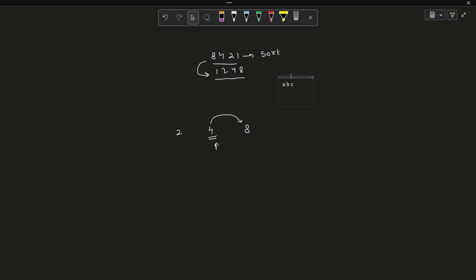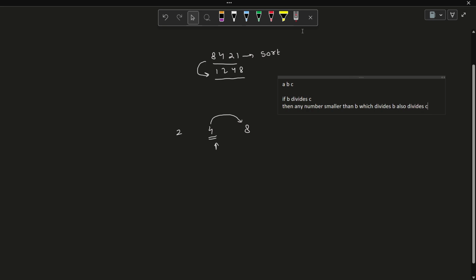If I have three numbers A, B, C, then if B divides C, then any number smaller than B which divides B also divides C.